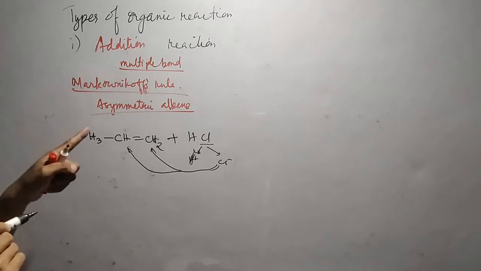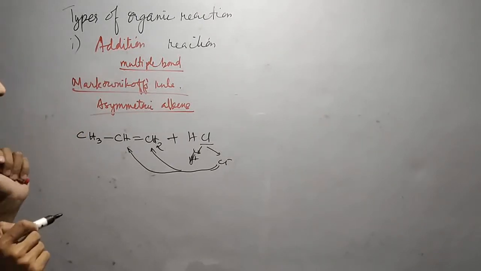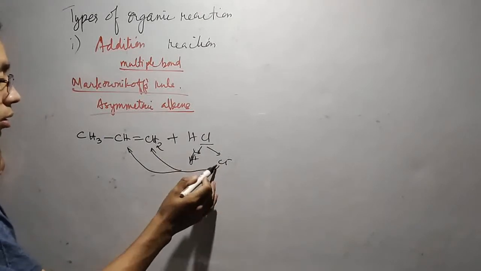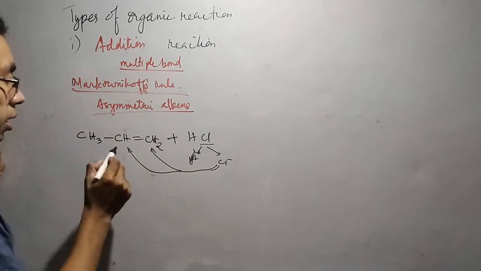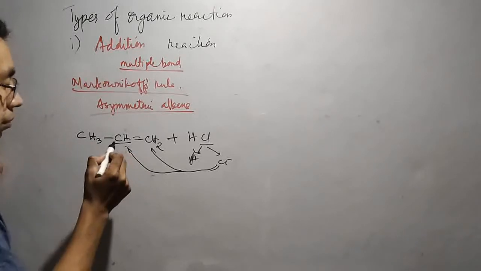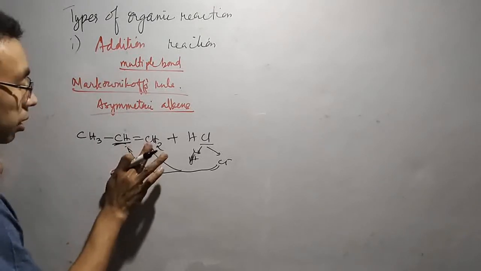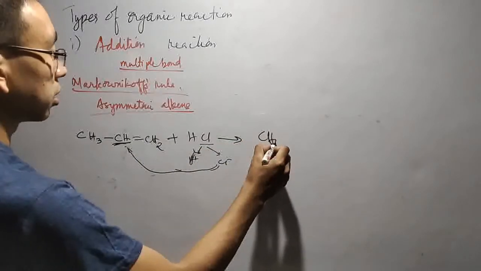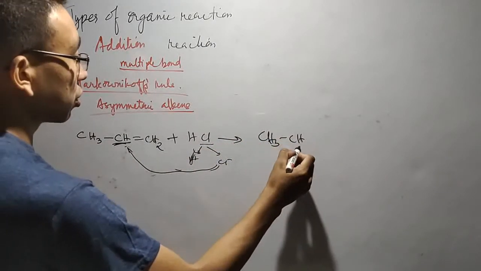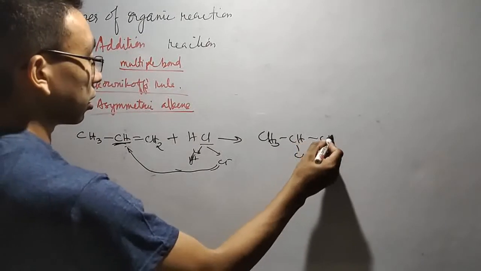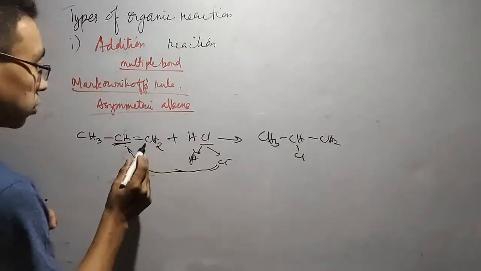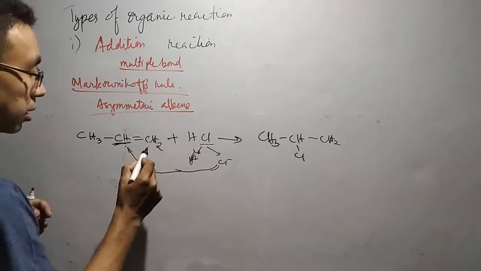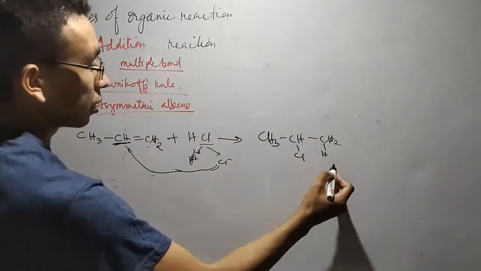But according to Markovnikov's rule, the negative attacking reagent will attach to the carbon atom having fewer hydrogen atoms. This one has fewer hydrogen atoms, therefore it will not attach here, and hence we will get CH3, CH, then Cl, then CH2 again. Then, if I show it in one step, H plus will be attached here.